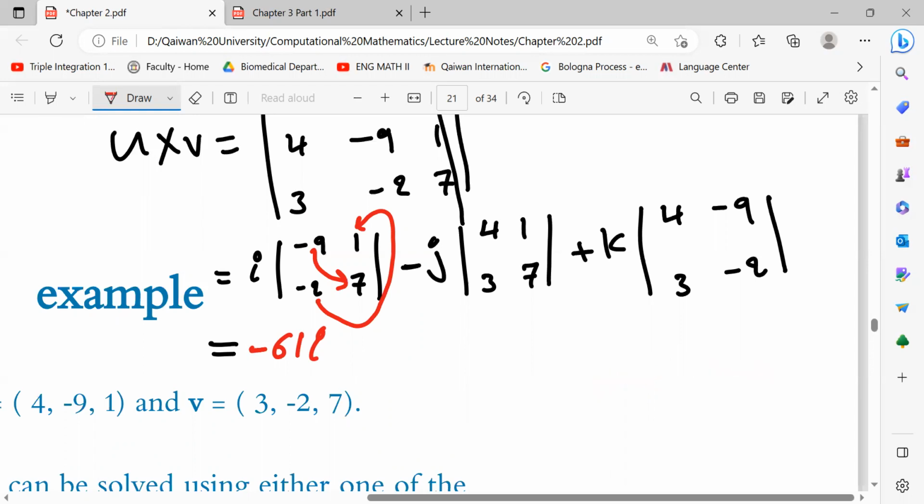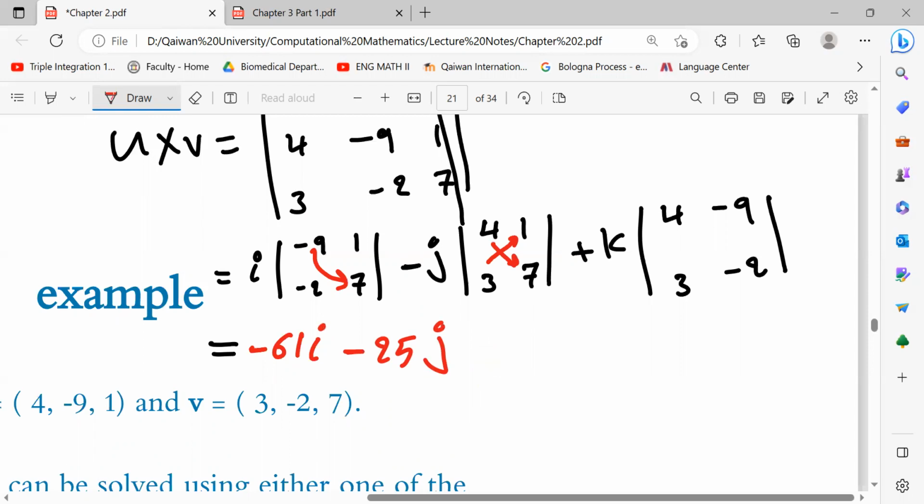Now, for the second one, we multiply these two, then minus multiplying these two. It's minus j times 4 times 7, which is 28, minus 3 times 1 which is 3, giving 25j. So it is minus 25j.